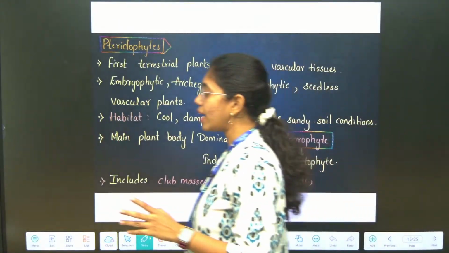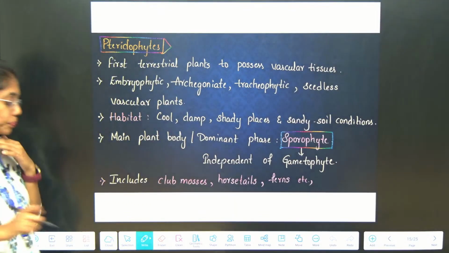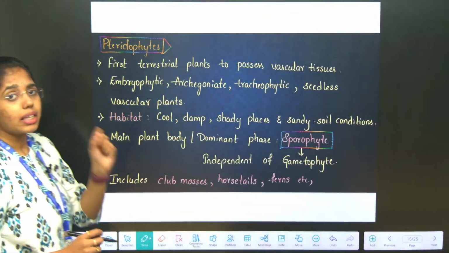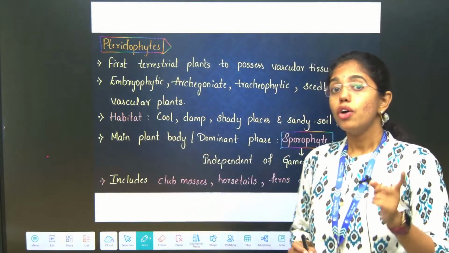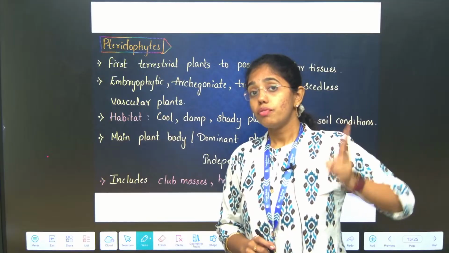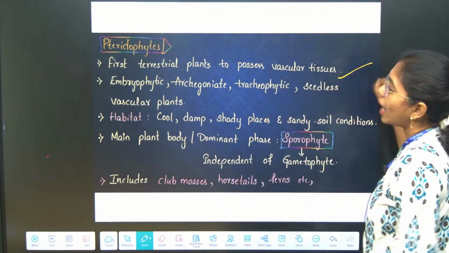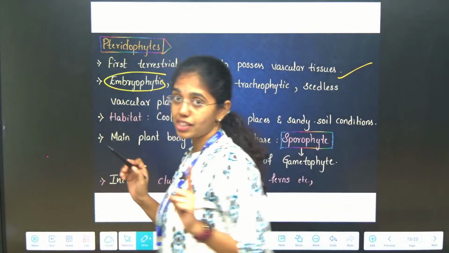In pteridophytes, first you have to observe the general characteristics again. These are the first terrestrial land plants which are vascular. The first non-vascular terrestrial plants are bryophytes. The first terrestrial vascular land plants are what? Pteridophytes. And how can you describe them? These are embryophytic but not the first embryophytes.